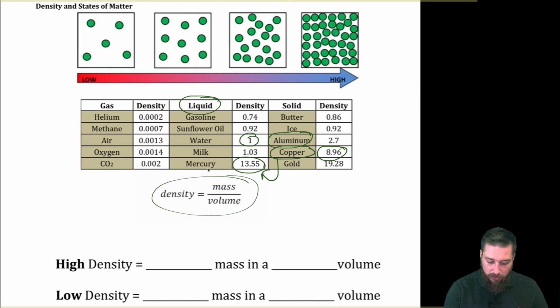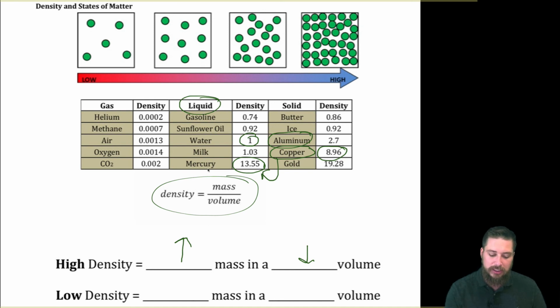All right, so density. High density means that there is a lot of mass in a small amount of volume. So if you have a small amount of volume, you have a lot of mass.